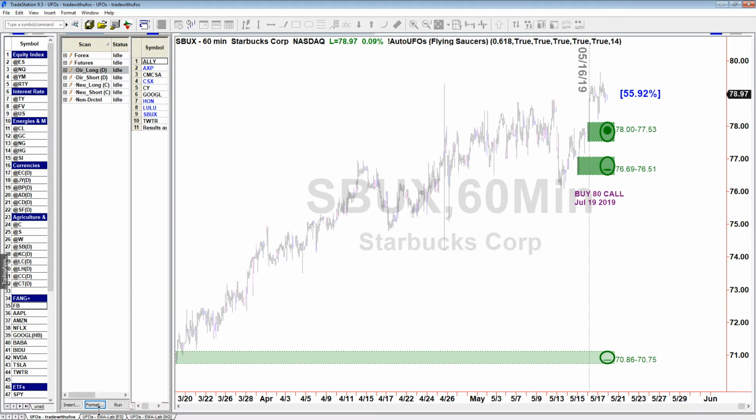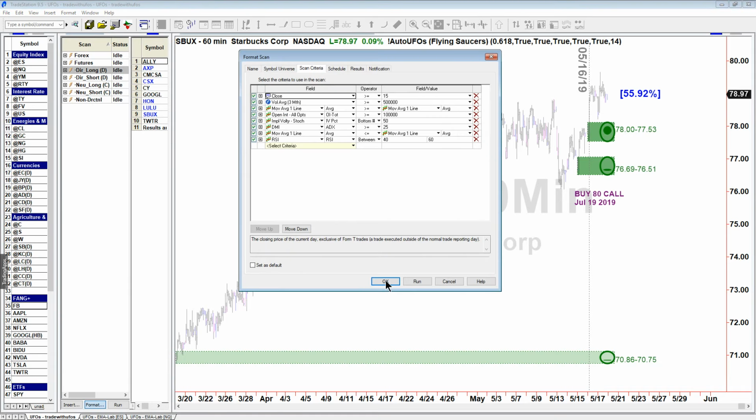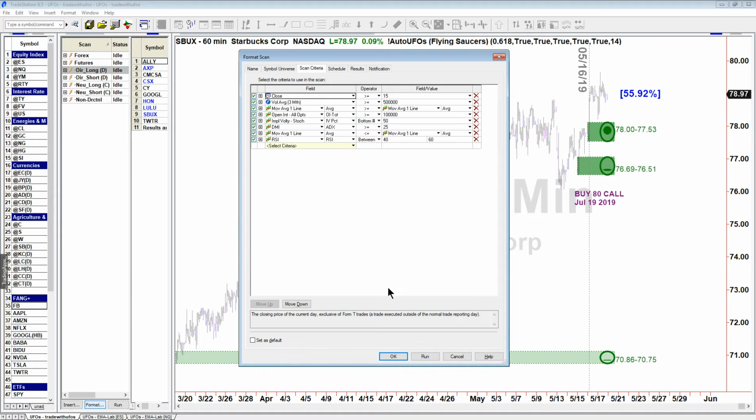Well, if you look at the format, when it comes to implied volatility, it is looking at the bottom 50. So it's looking at the 50 stocks with the cheapest options available in the market. And then there are more criteria, and that's why you don't get 50, you get 10. But we are looking for the bottom level of implied volatility. Another way to say that is cheap.